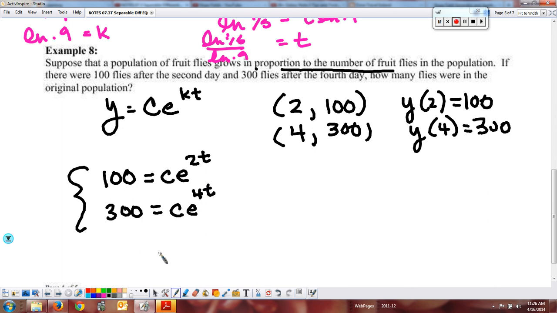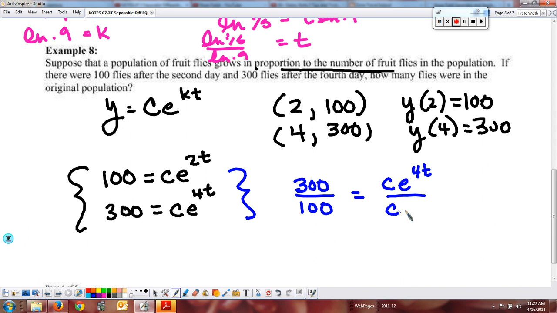Now, the interesting thing about these, instead of doing substitution, like trying to solve for one and then substituting, the neat thing, and we did this in your pre-calc classes, is basically all you have to do is think of it as a ratio. 300 over 100 would be equivalent to Ce to the 4k over Ce to the 2k.